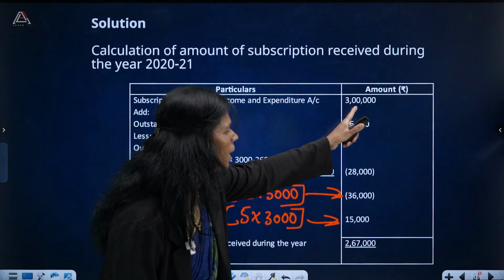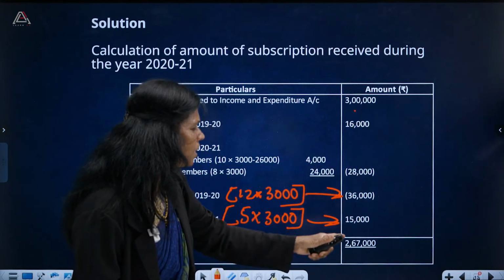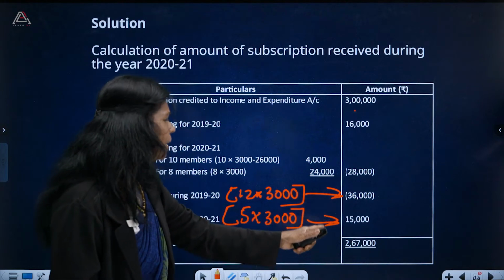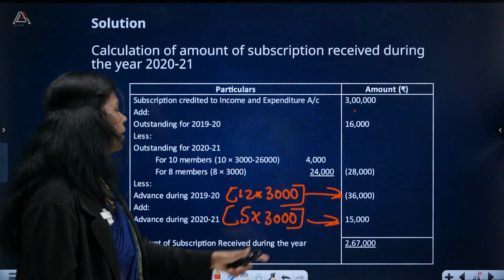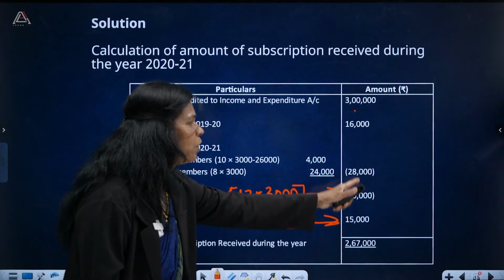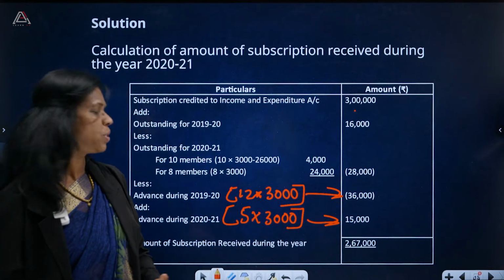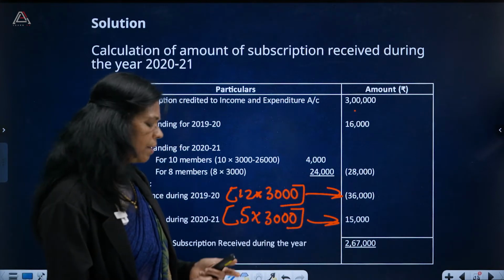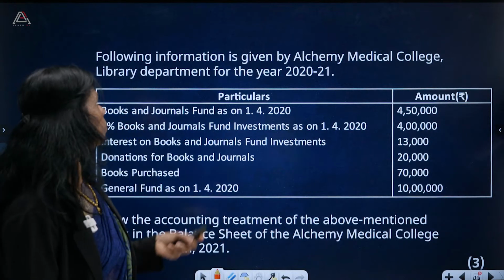So 3 lakh plus 16,000. From that total 3 lakh 16,000 we have to minus 28,000, 36,000, and these two figures we have to minus from this total. After that we have to add 15,000. So we will get 2,67,000.